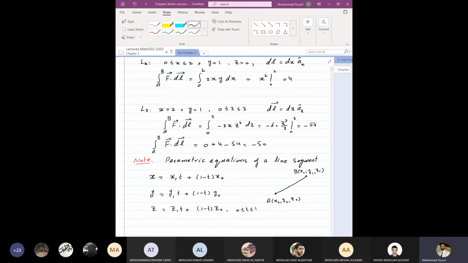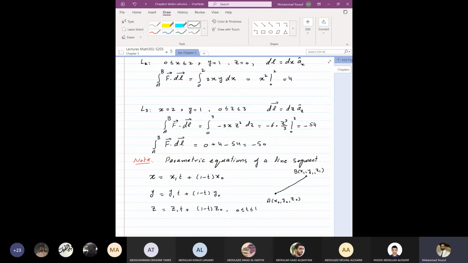always. So if we have a point in 2 dimensions, no z will be there. And if we have a point in 3 dimensions, then these are the parametric equations of a line from point A to point B. When we get t equal to 0, we get one point.